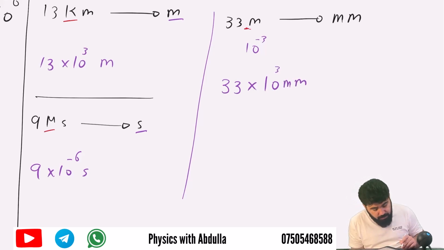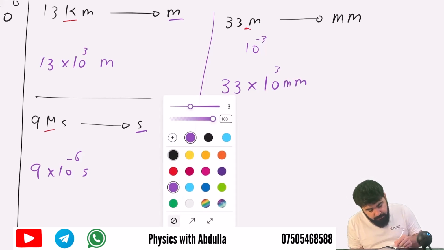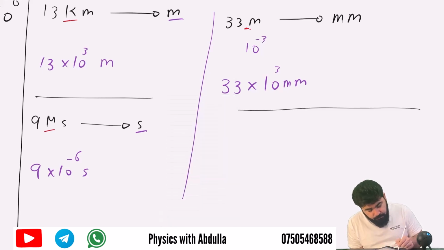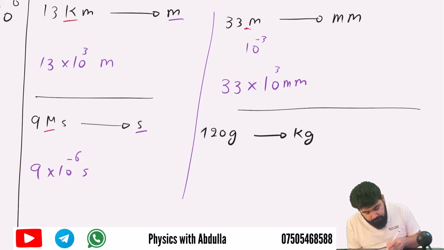millimeters. Okay, let's take another example so you understand better. Now, let's say you have 120 grams. Change that to kilogram.